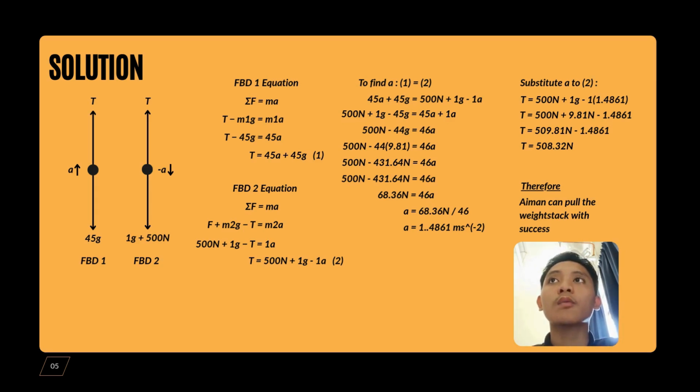Then, we substitute the A value into equation 1 or 2 to find the value of tension, T. I would like to substitute it into equation 2, and we get the value of tension as 508.32 N. Therefore, since the acceleration is positive, we can conclude that Aiman can pull the weight stack successfully.